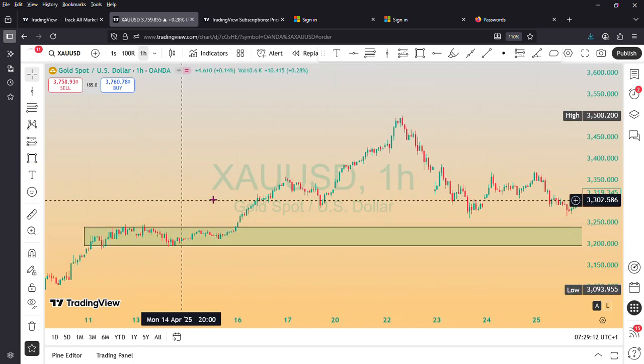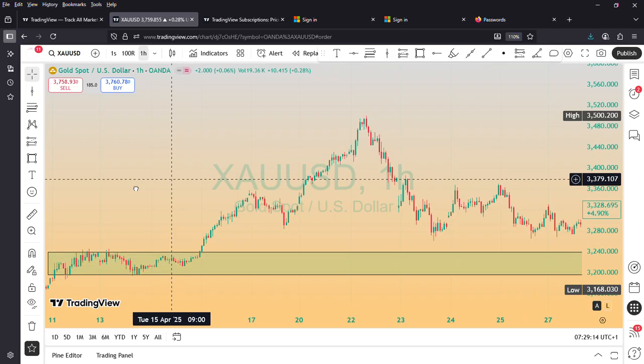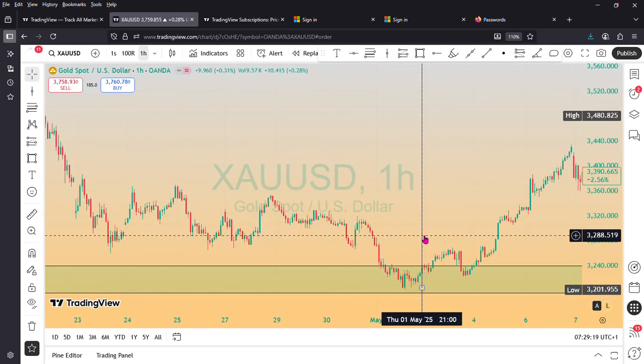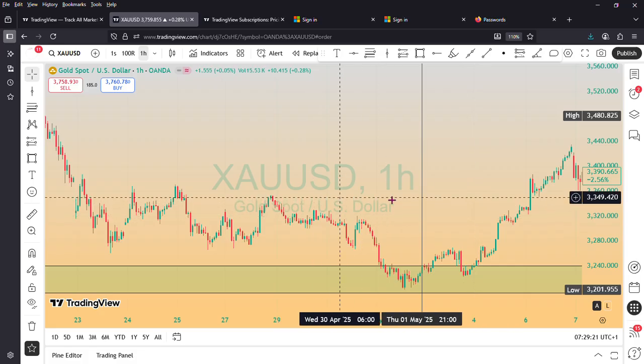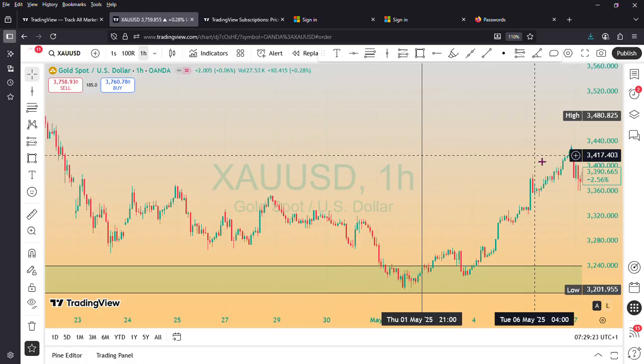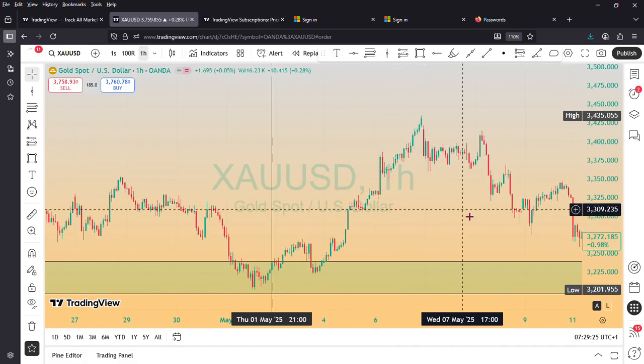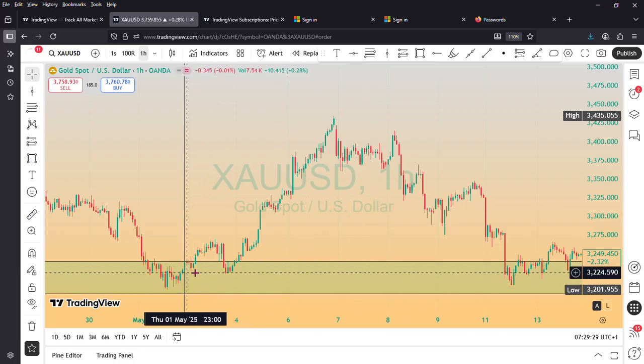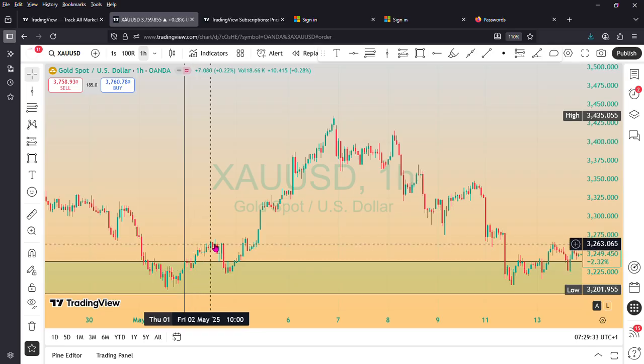This is where the doji candle stopped. Now in this 1 hour, there is a structure I want to see. You see a low, this is a lower high.